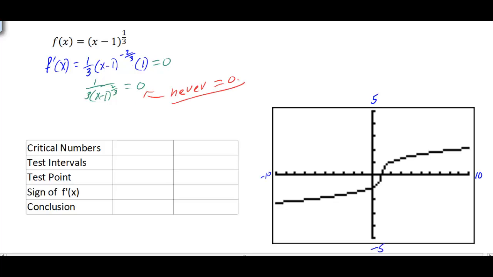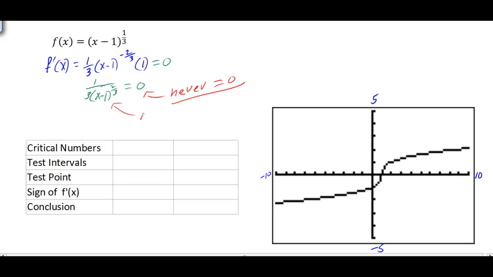Okay? Now, what happens though, because it's x minus 1 to the 2/3, what's the other place that we can have a critical number? Well, what happens when x is 1? If x is 1, we get 1 minus 1 is 0. 0 to the 2/3 is 0, so we end up with 1 over 0. So here we know that when x equals 1, it's undefined.